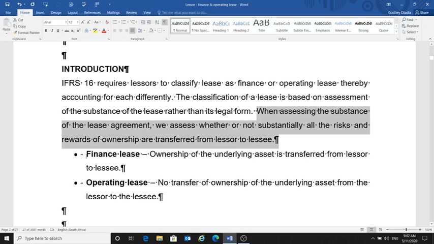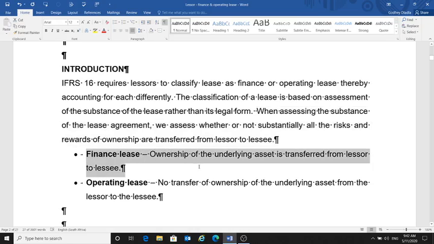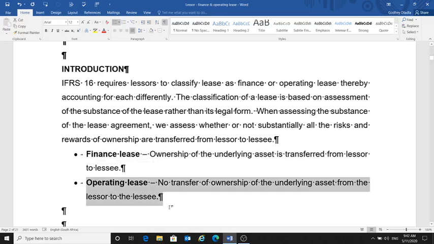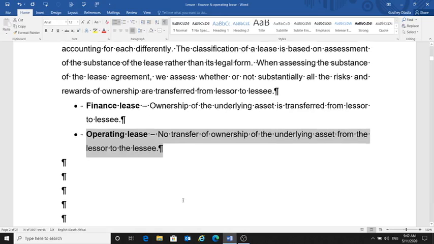So here they explain to you that a finance lease is the one whereby they transfer risks and rewards of ownership from the lessor to the lessee. Operating, no transfer of ownership. So that's how they classify the two, right?